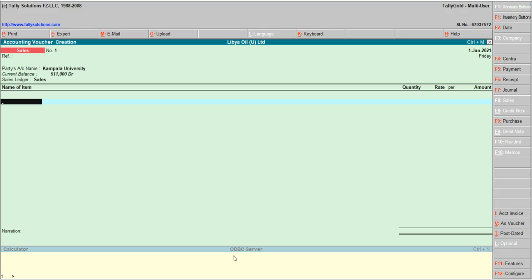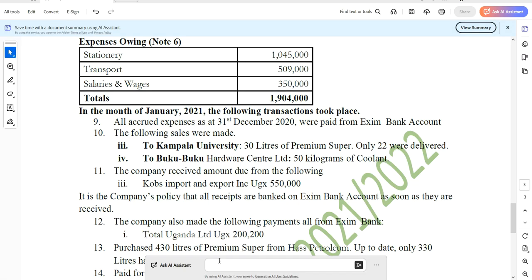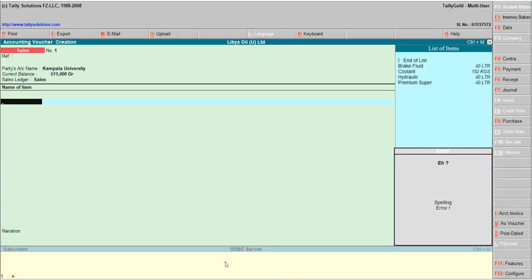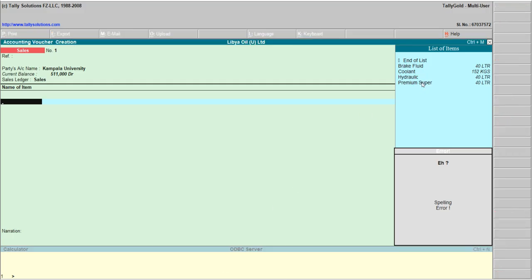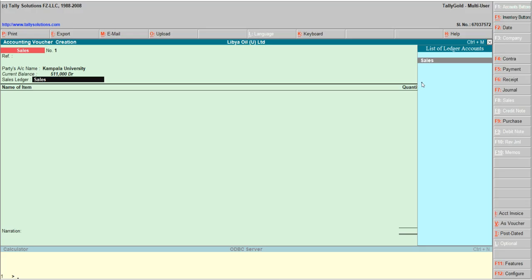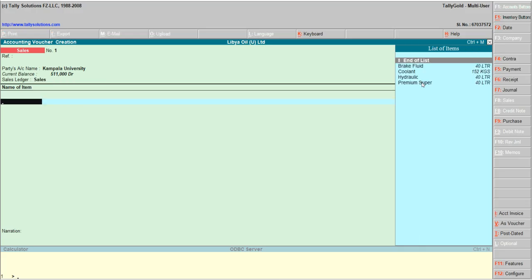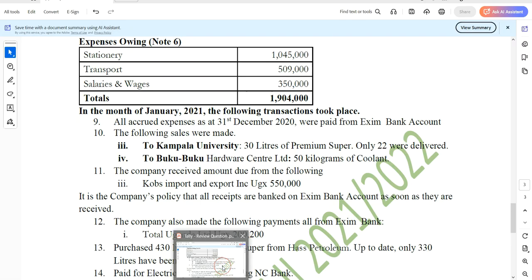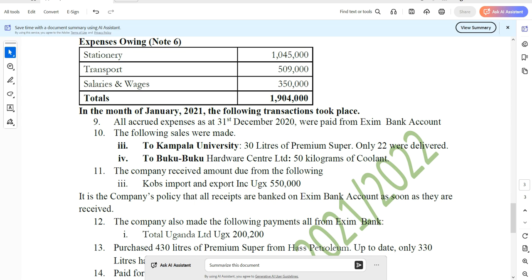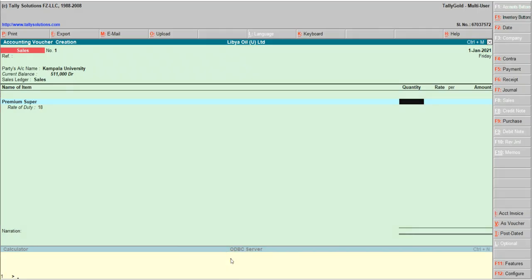Name of the item, what are we supplying? We are supplying 30 liters of premium super. Quantity, how many liters? 30 liters of premium super.